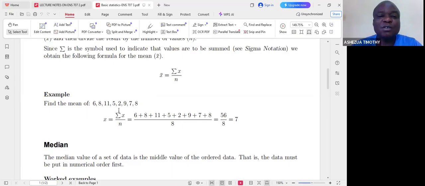Just add and divide by the number of values in this distribution. In this case, the number we have here is only 8. So that's why we're adding 6 plus 8 plus 11 plus 5 plus 2 plus 9 plus 7 plus 8, all over 8. If you add this up, you will have 56 over 8. When you divide this, you have 7.